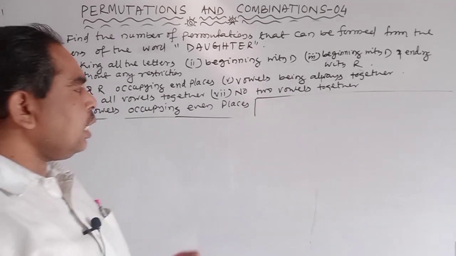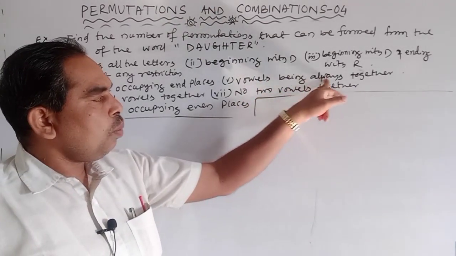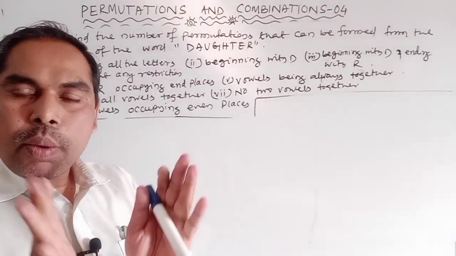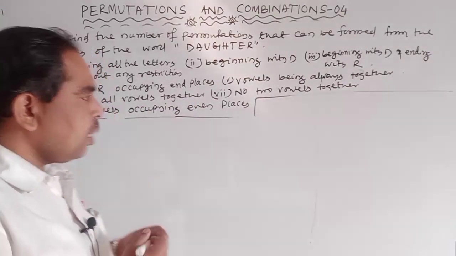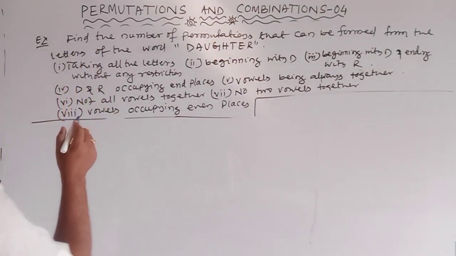Next question: vowels being always together, means all vowels are always together in one place. So in this case, question number 5.